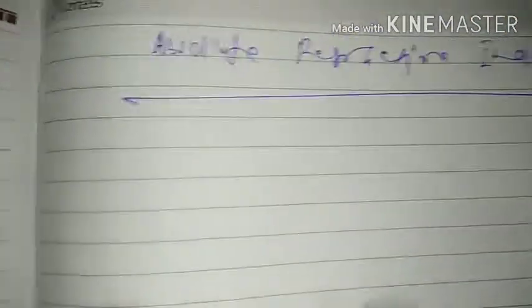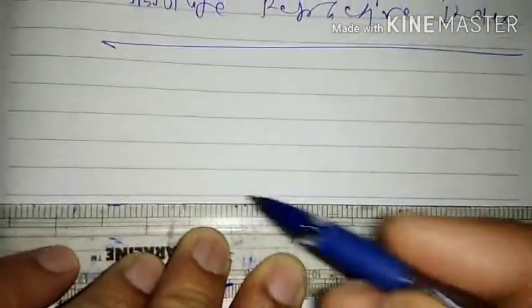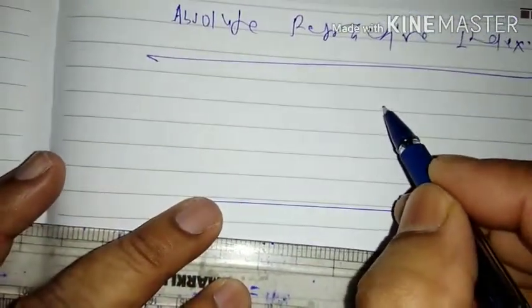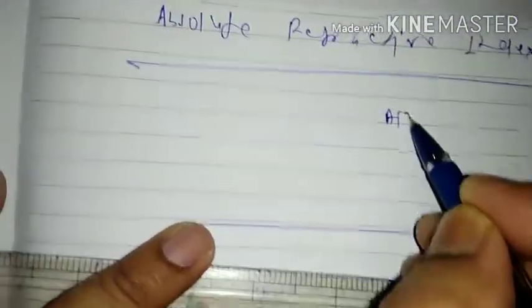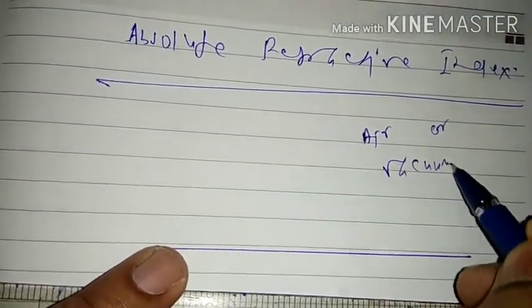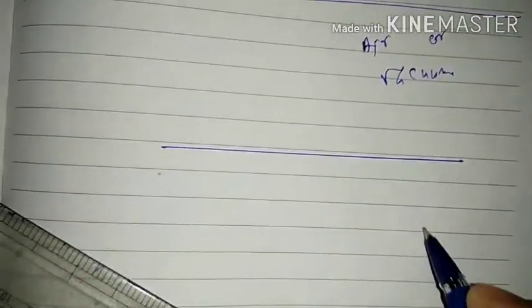So once again, see another situation. Suppose this is the boundary between two transparent media, and medium 1 is either air or vacuum, and the second medium is any other, suppose water, glass, etc.